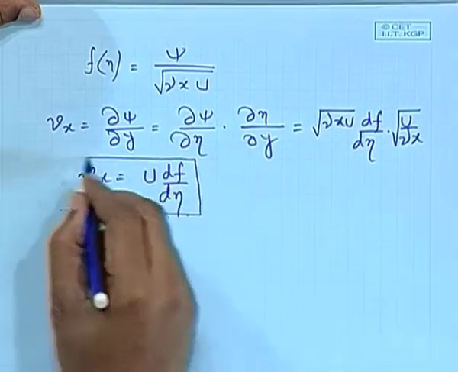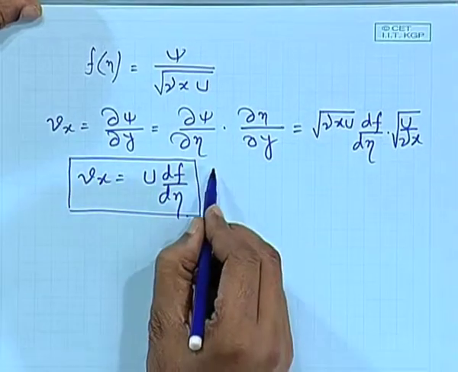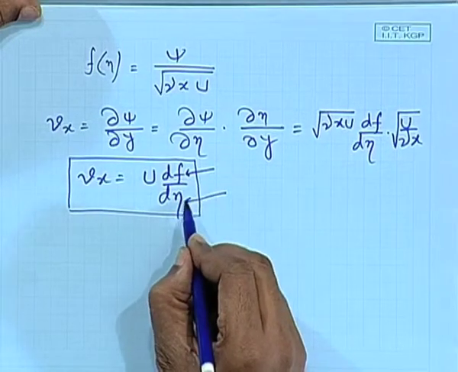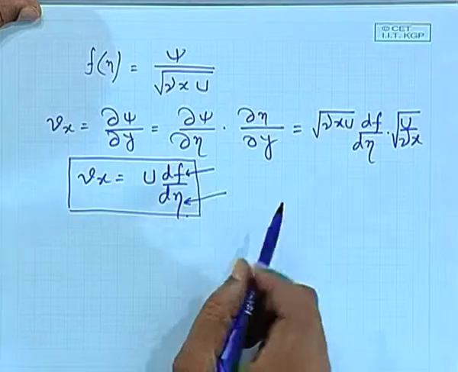This is the expression for Vx in terms of the newly defined stream function and the similarity variable.